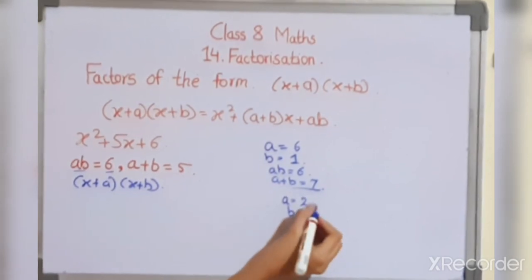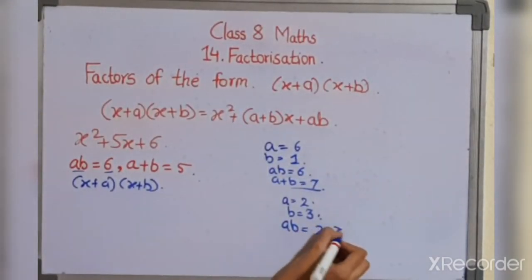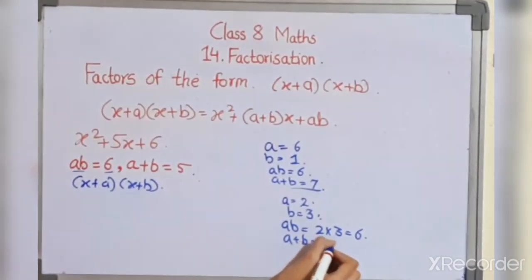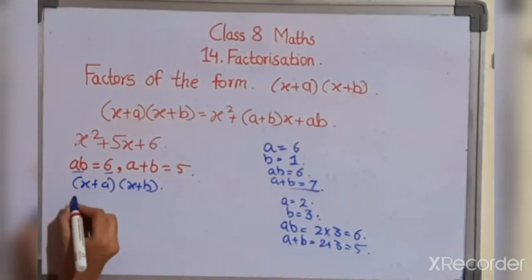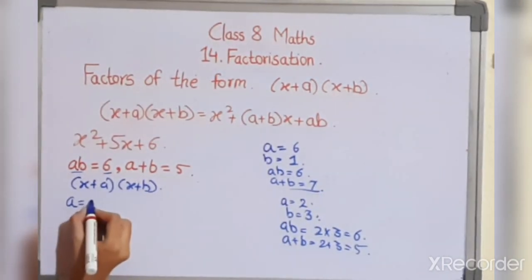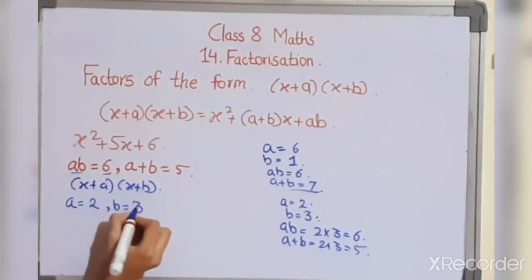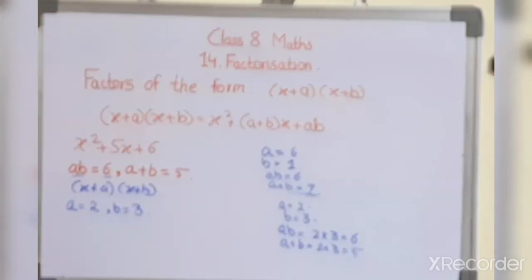So a into b is equal to 6 and a plus b is equal to 5. So it satisfies the values of a and b. So a is equal to 2 and b is equal to 3. From this we see that a plus b is exactly 5 and a into b is 6.